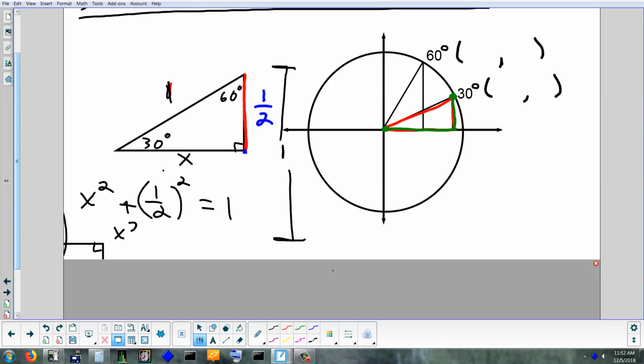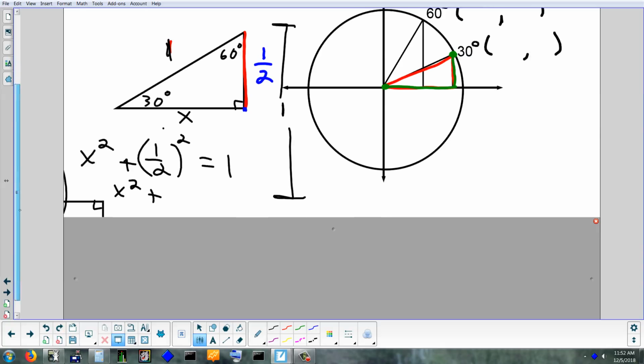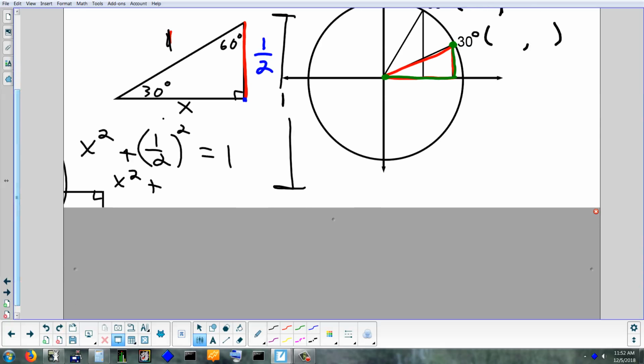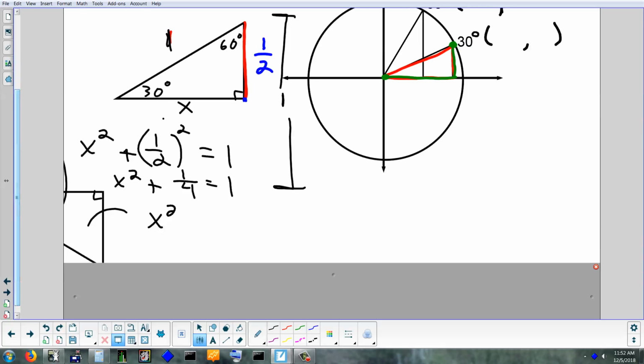A half squared means a half times a half. What's half of a half? 1/4. And how would you put the 1/4 over on the other side with the 1? Subtract it. If you have 1 and you take away a quarter, what are you left with? 3/4.